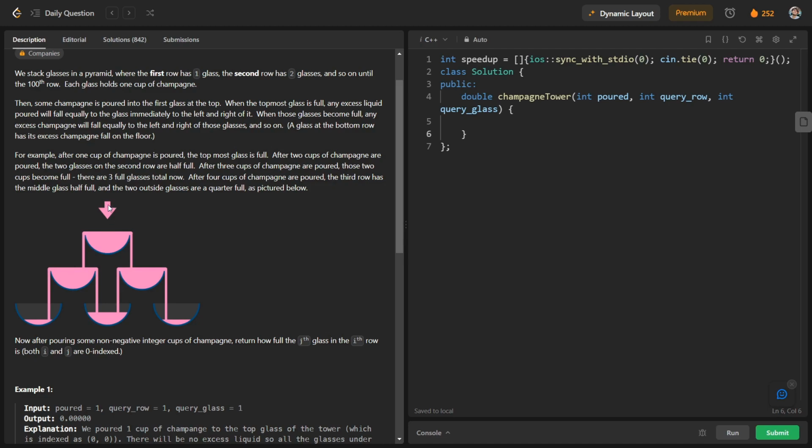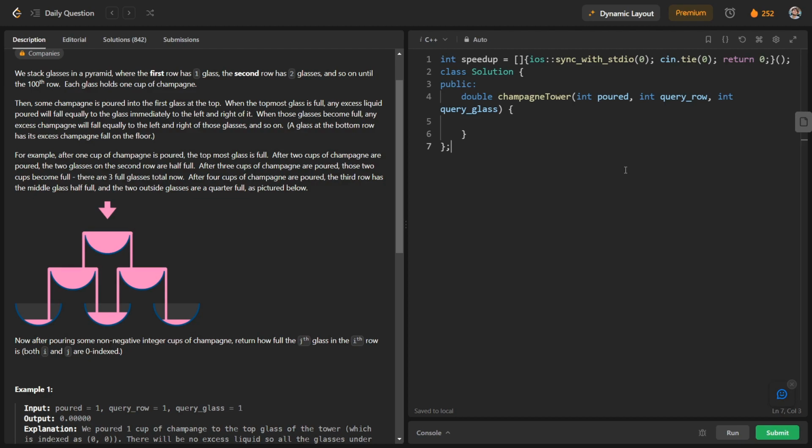if we pour 4 units of champagne in the first glass, what will happen, it will store 1 unit, and the excess will be nothing but 3. Okay, so the excess will be 3, and that's why 1.5 units will be poured into the left glass and 1.5 units will be poured into the right glass.